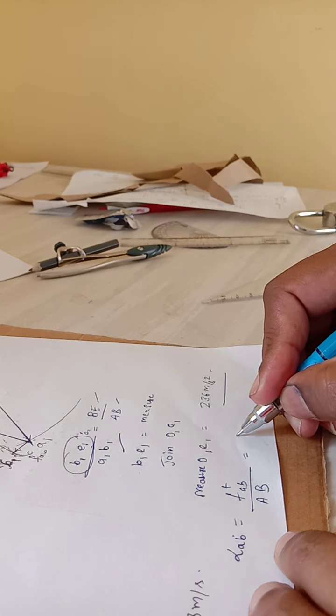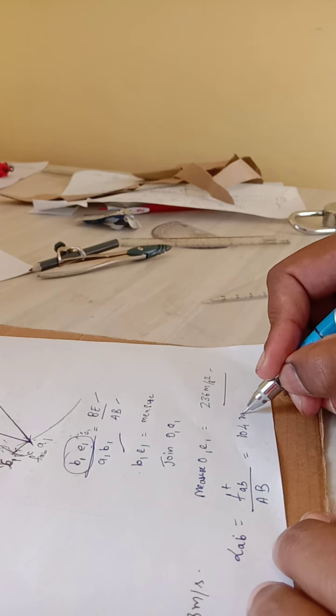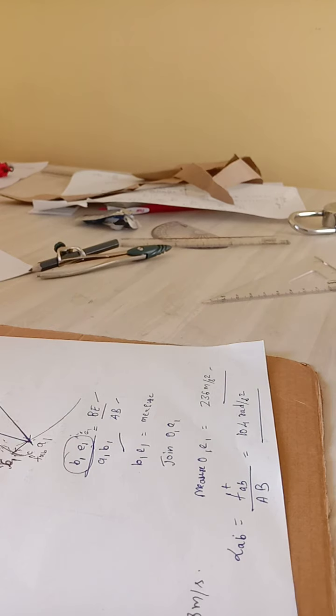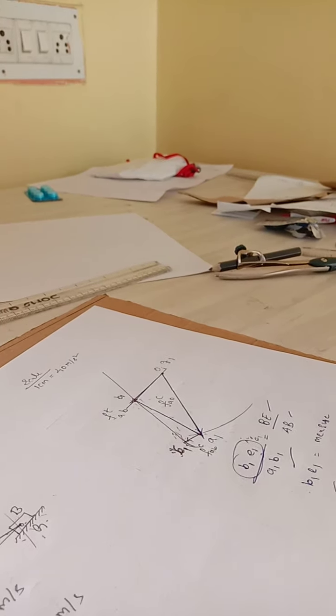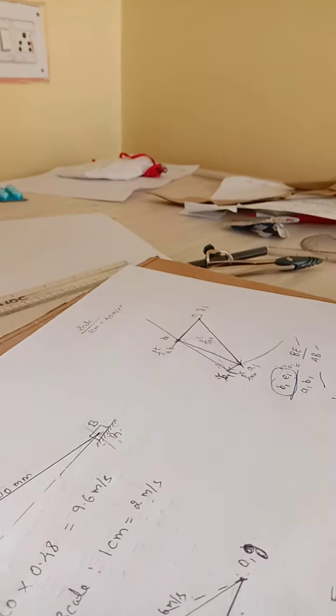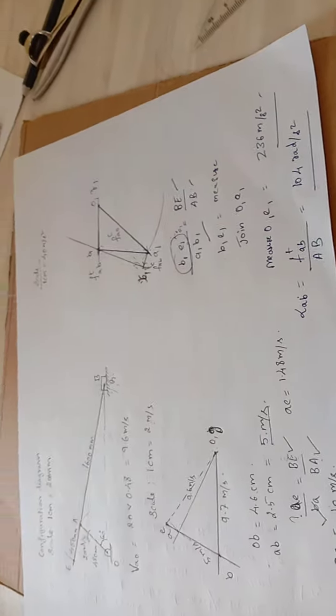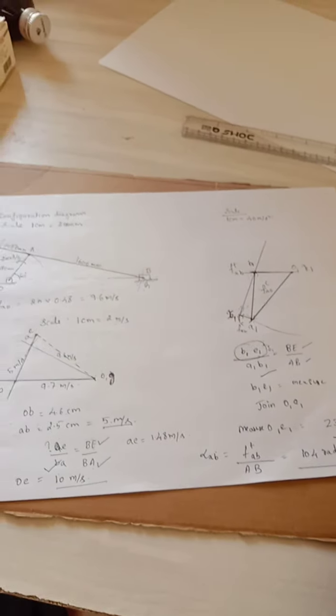You will get around 104 radians per second squared. So this is what we have to do in the slider crank mechanism. These are all the calculations that we have to do in the slider crank mechanisms.